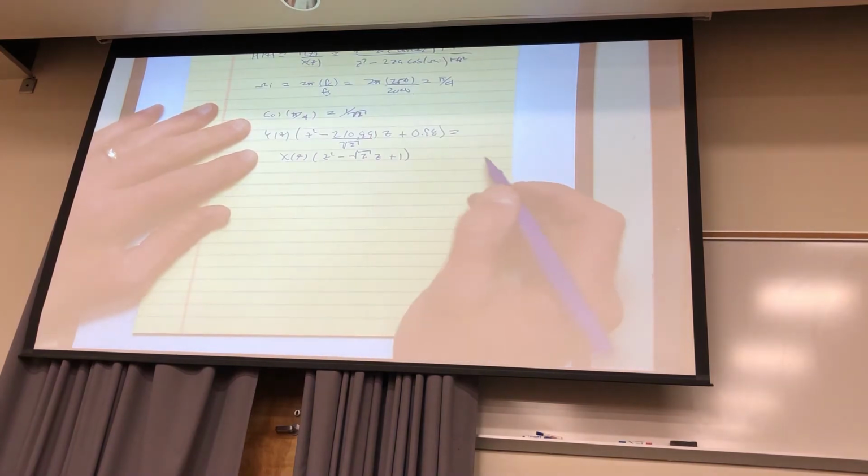Now, at that point, you can divide everything by z squared, because z squared is the highest power. It's second order.